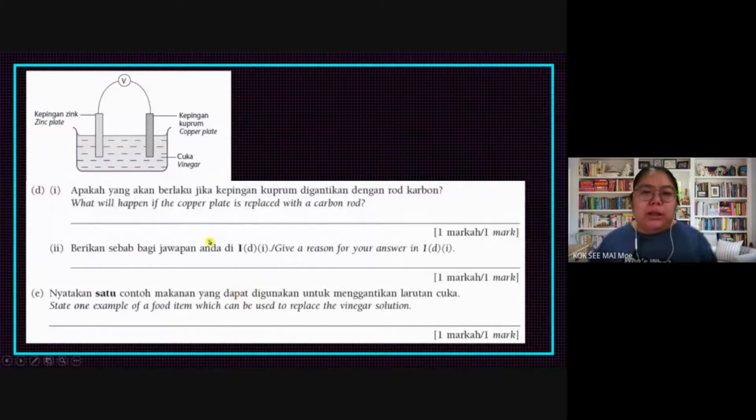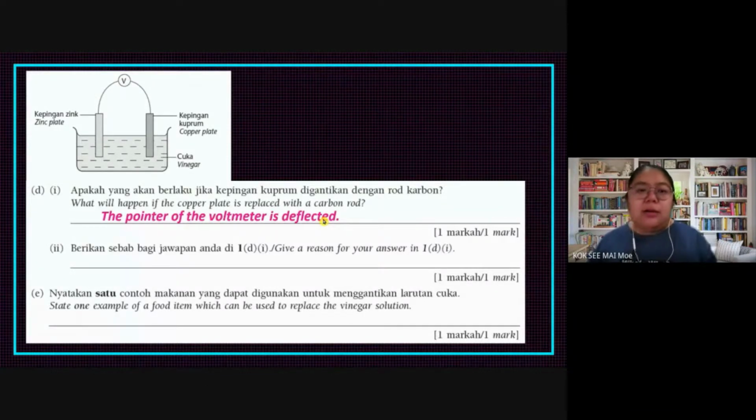What will happen if the copper plate is replaced by a carbon rod? Carbon and zinc still have a gap. There are actually no changes.